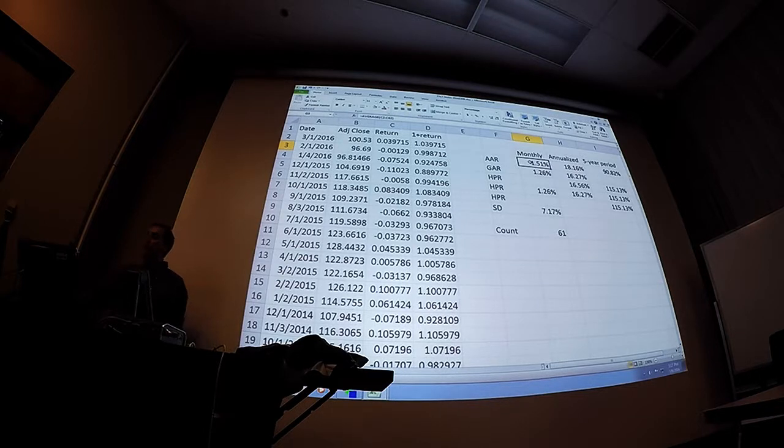So the arithmetic average is what we use. If we say, what's your return if you hold it for the entire period per month, then you'd have 1.26%. But your average one month return is 1.51% plus or minus 7.17. So that standard deviation gives you this plus or minus range, how much uncertainty you have about the return in any one month.